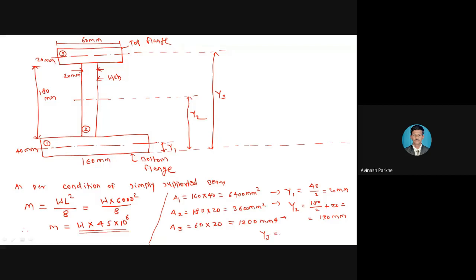And Y3 is equal to 20 divided by 2 plus remaining bottom distances as it is. 180 plus 20 is equal to, yes, 230 mm, correct. So Y1 is 20, Y2 is equal to 130 and Y3 is equal to 230 mm. So that is all the distances we have calculated. Try to represent the distances on your figure also. So you can understand very easily whenever you are studying this particular concept.